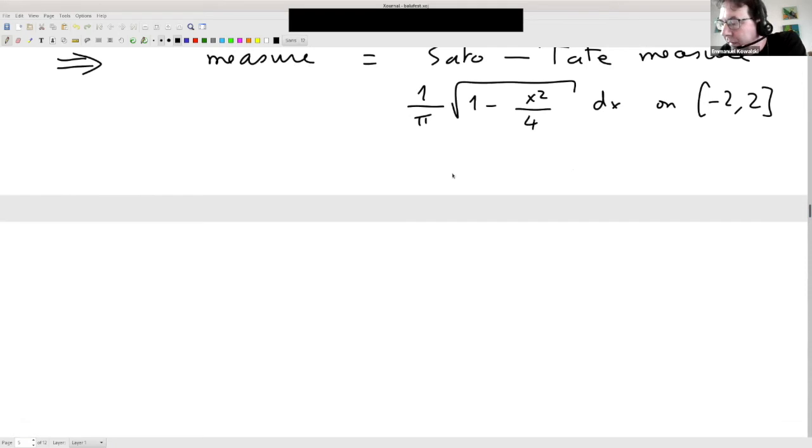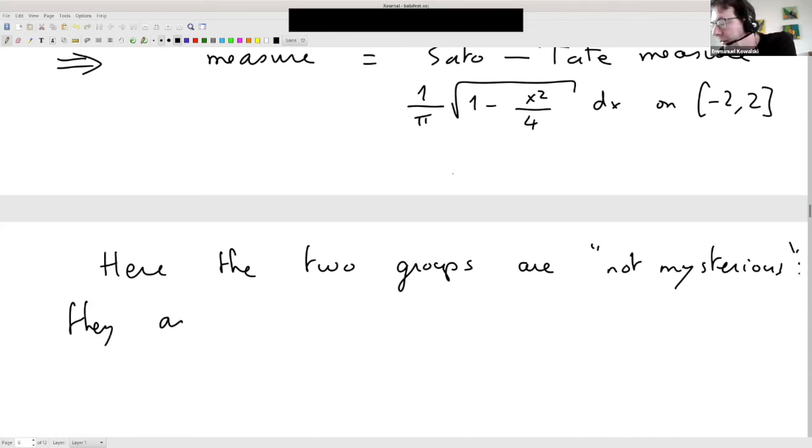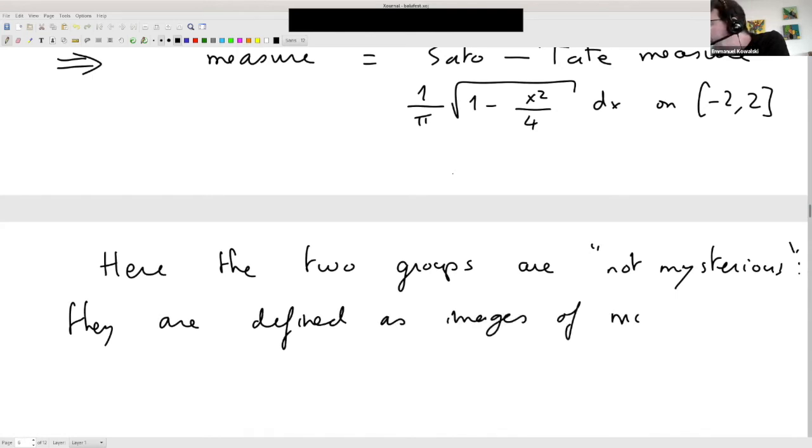So the only thing to say here is that the two groups, which are the groups we're going to want to generalize later for other families of exponential sums, are not mysterious. They do not arise from Tannakian categories. So they are defined essentially as images of homomorphisms of groups from some kind of Galois group to GL_r.